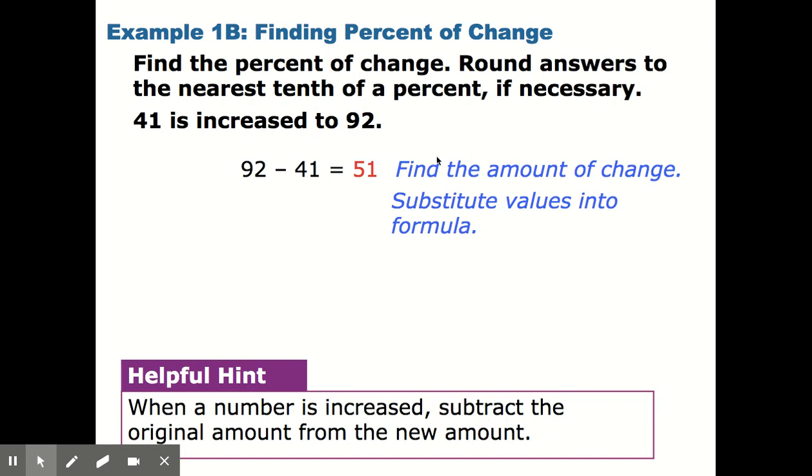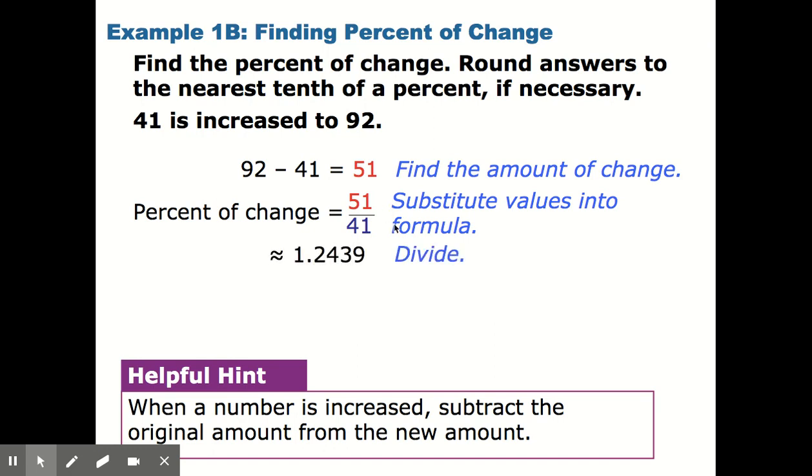We're going to substitute the values in. So we're looking for the percent of change, which is the amount of change, which is 51, divided by where it originally started. So it's 51 divided by 41. We'd actually divide it out. We would get 1.2439. And we're going to convert that into a percent and round.